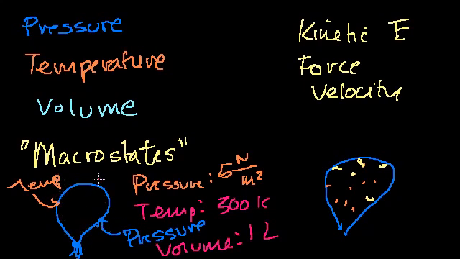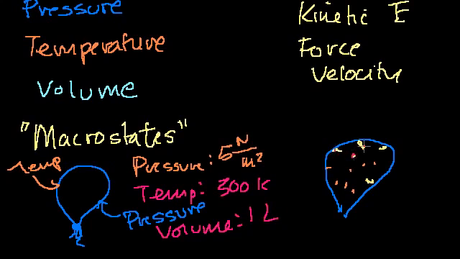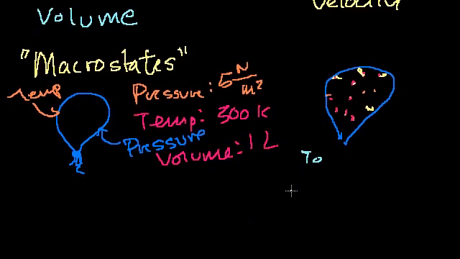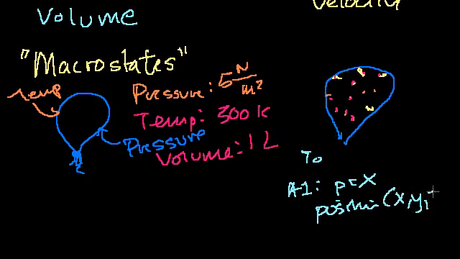Now, I could get a lot more precise, especially now that we know that things like atoms and molecules exist. What I could do is essentially label every one of these atoms in the gas contained in the balloon. And I could say at exactly this moment in time, at time equals 0, atom 1 has its momentum equal to x, and its position in 3-dimensional coordinates is x, y, and z.